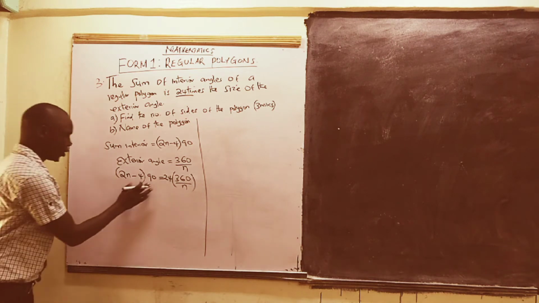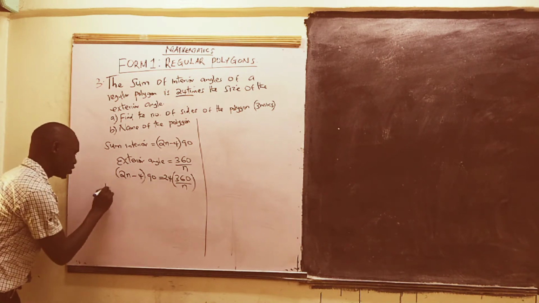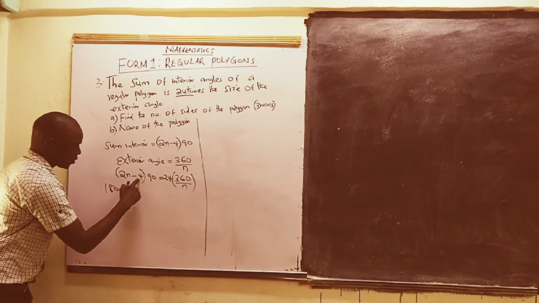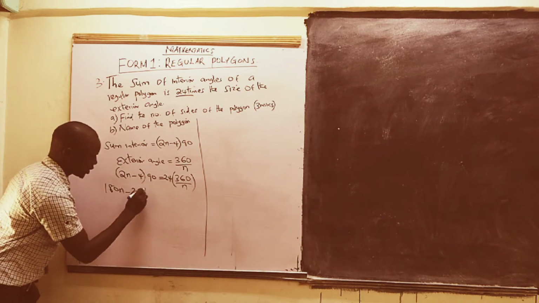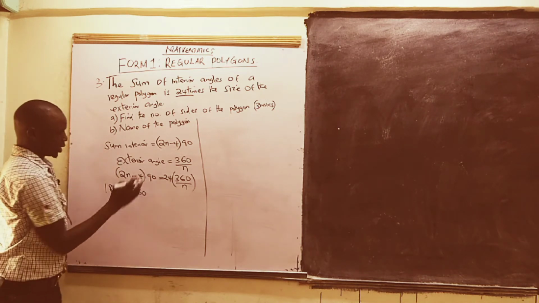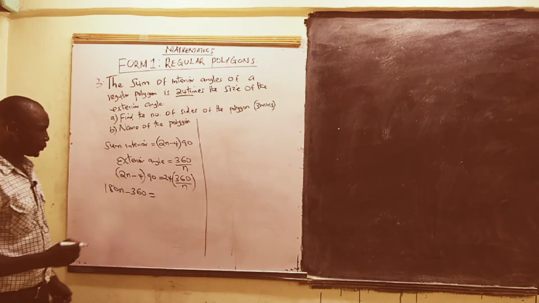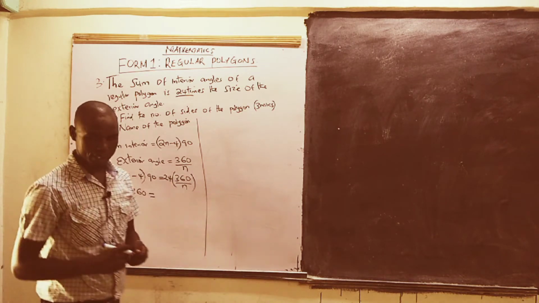From there now, if we open the brackets, we are going to have 90 times 2n, which is 180n, then minus 4 times 90 will give us 360 degrees. Let us just maintain it like that. And this one is going to be equal to, we can just multiply inside, 24 times 360.